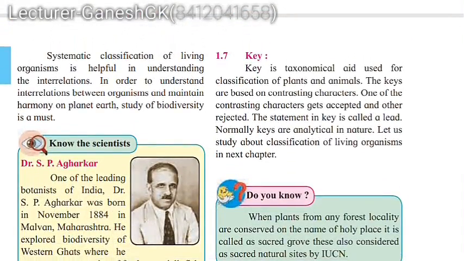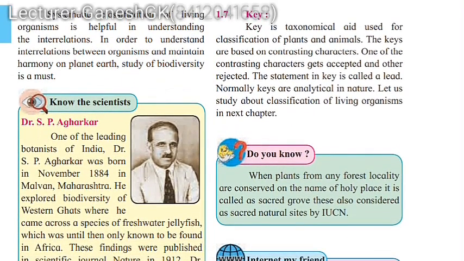So let us understand what the term systematics is. The systematic classification of living organisms is helpful in understanding the interrelationships of organisms and maintaining harmony on planet Earth. The study of diversity is very important.